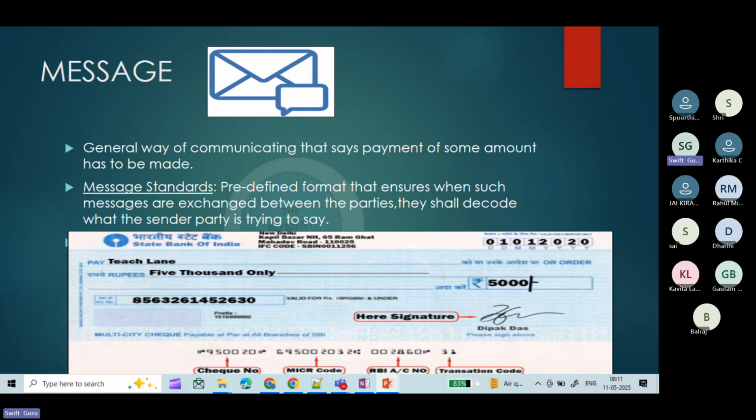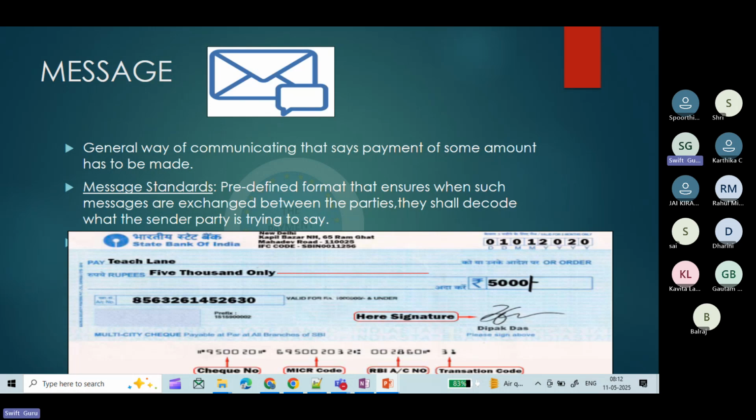So the entire check leaflet acts as a message standard, wherein the check processing system extracts the data and processes it. Likewise, there are different message standards used around the world for different payment systems.